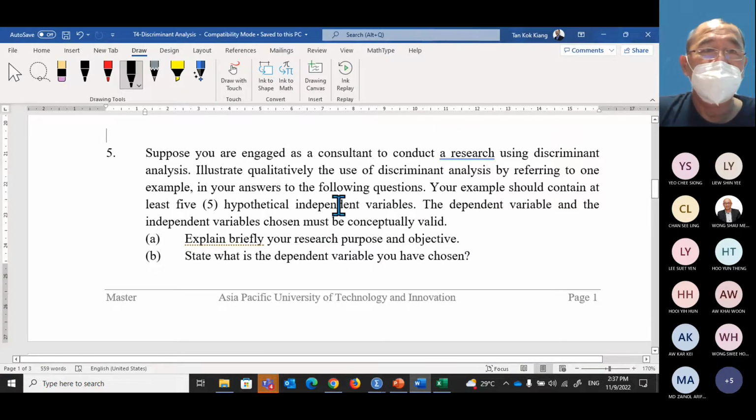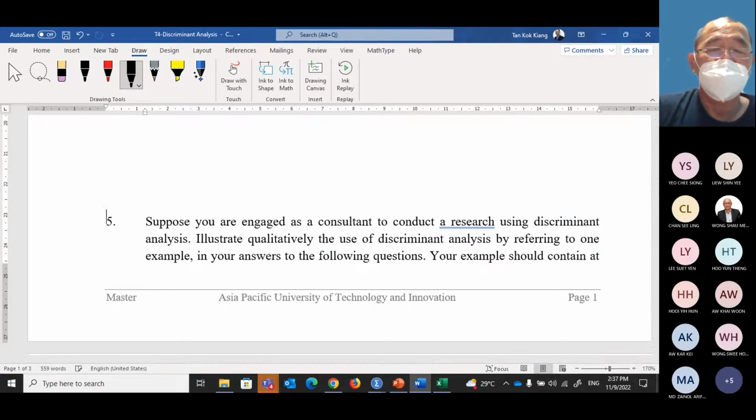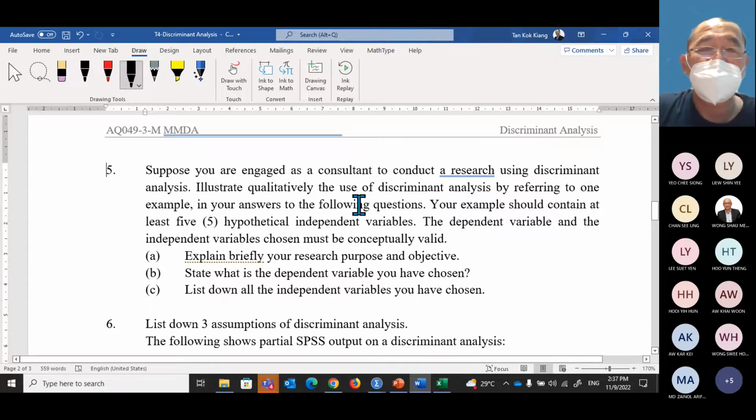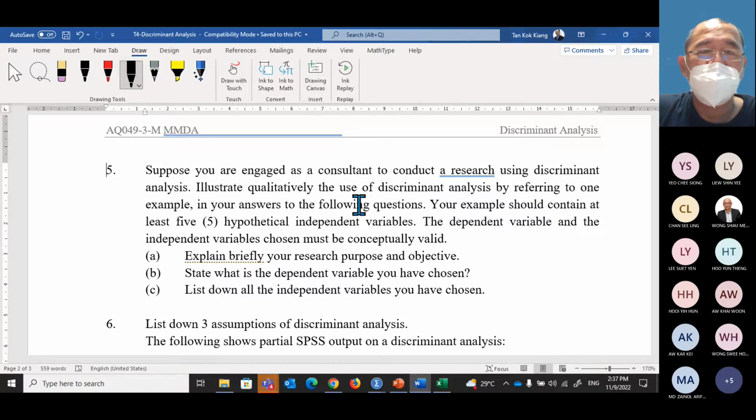Now you are engaged as a consultant to conduct research using discriminant analysis. Illustrate qualitatively the use of DA by referring to one example in your answer to the following questions. Your example should contain at least 5 hypothetical independent variables.